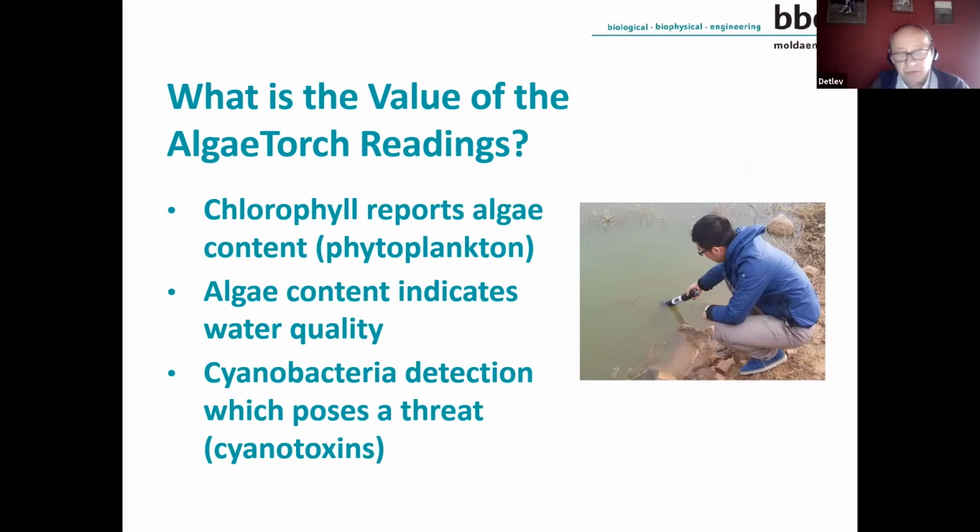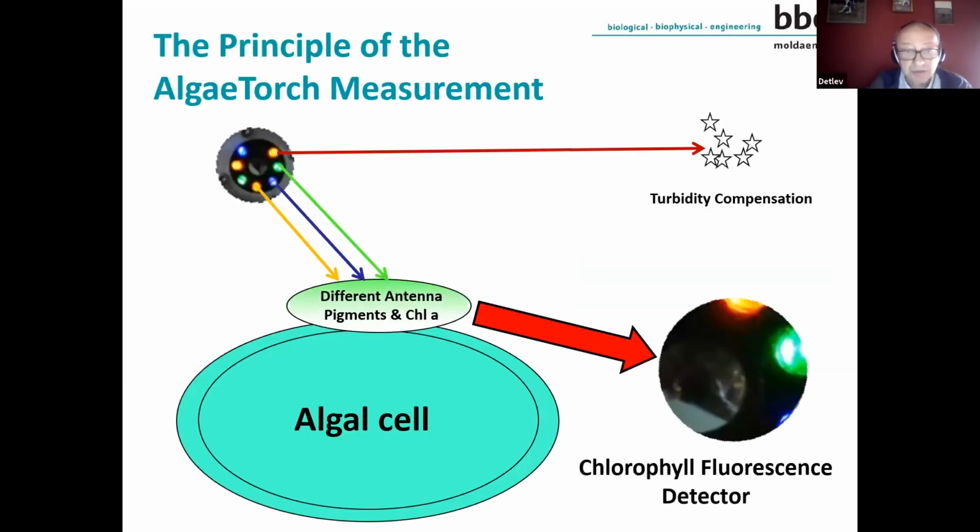So for example, if you want to produce drinking water from a reservoir, it's quite good to know where the algae are, the blue-green algae, so that you will not take water with higher contents of algae into your extraction tubes. And of course, if cyanobacteria are inside of the water, you can detect them in real time, and they may pose a threat to human health and therefore should be omitted from this water.